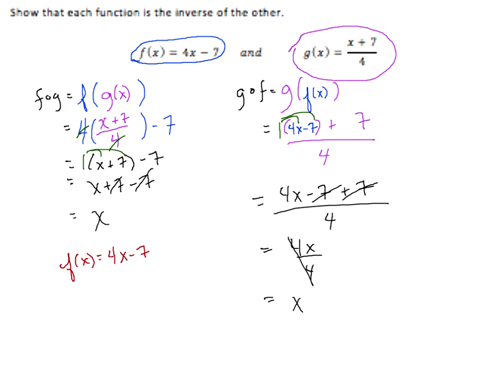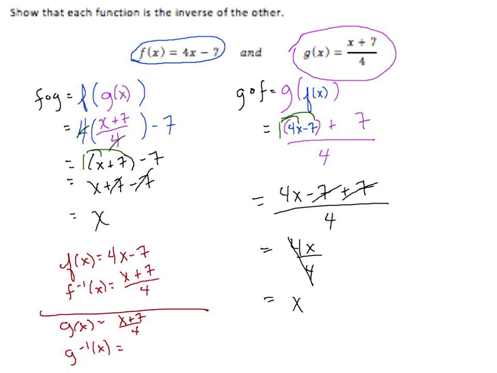So if f of x is 4x minus 7, then f inverse of x is x plus 7 divided by 4. Or I could have written that g of x is x plus 7 divided by 4, and g inverse of x is 4x minus 7.